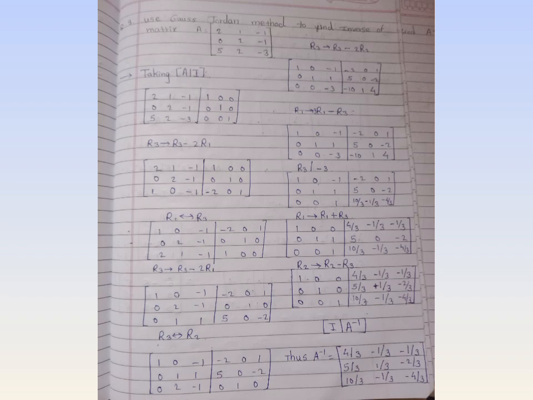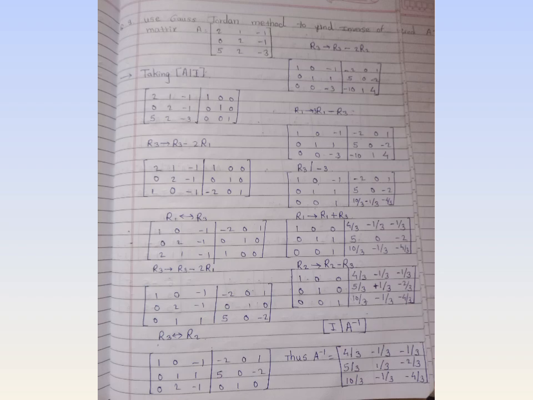Given matrix is 2 1 minus 1, 0 2 minus 1, 5 2 minus 3. First, given matrix is considered as matrix A, then taking AI form. After that, we have to reduce given matrix into identity matrix.